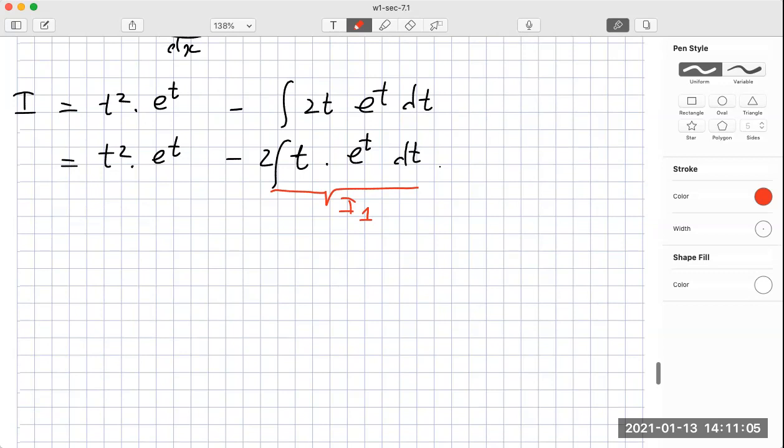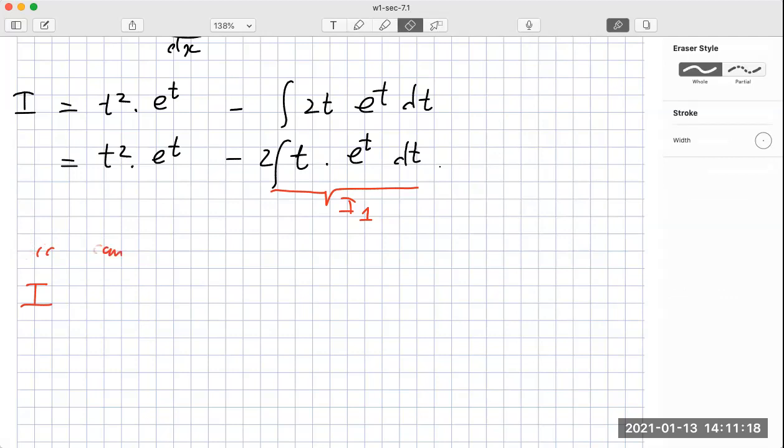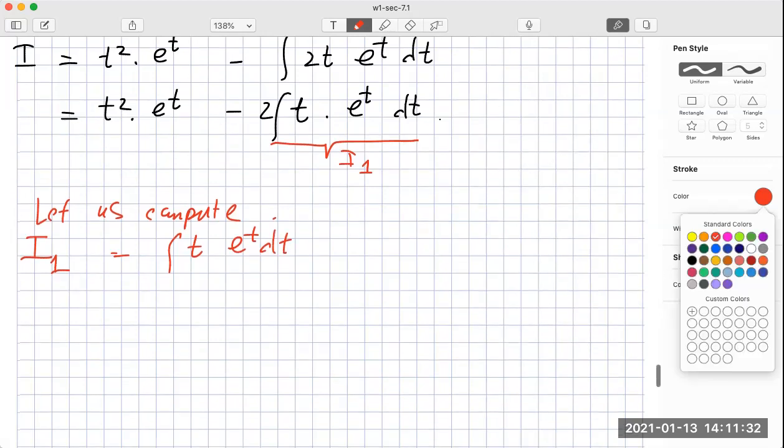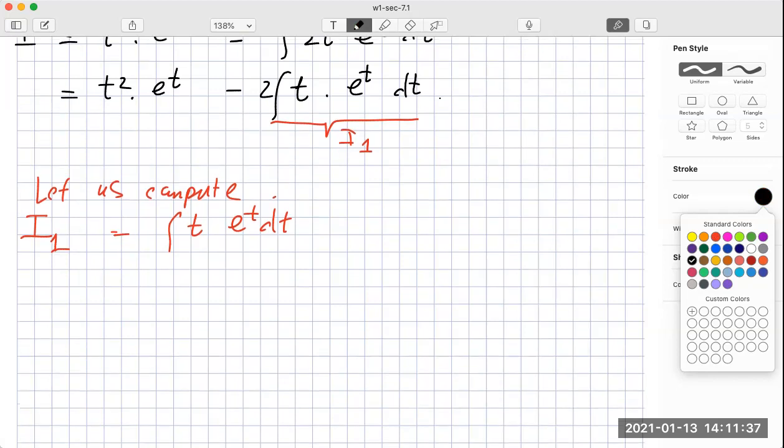So let us compute the integral of t e to the t dt. Then we need to do similar things.